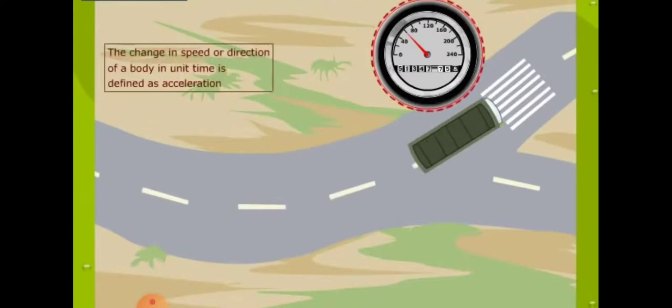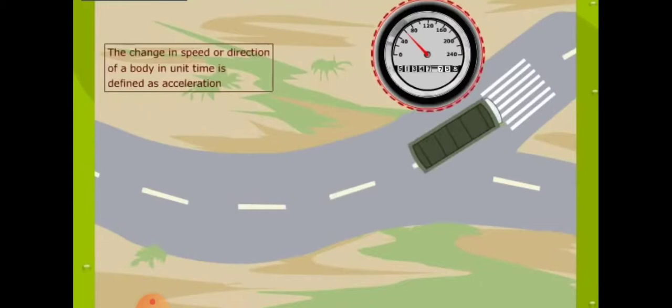When you speed up or slow down while going at a particular velocity, that speeding up or slowing down is said to be acceleration. In simple words, change in velocity is acceleration.